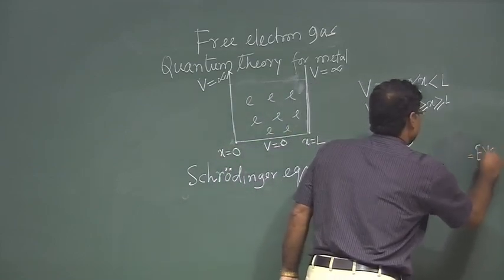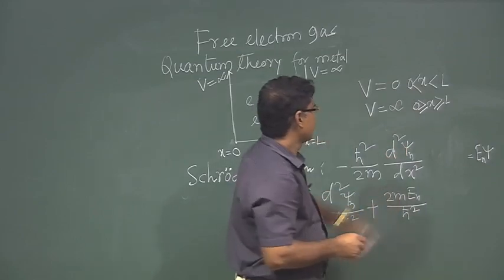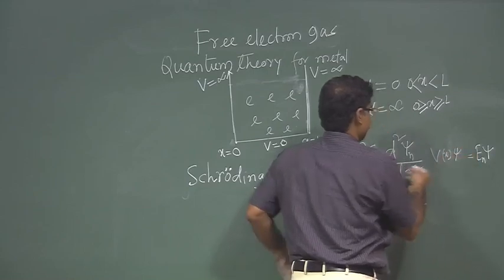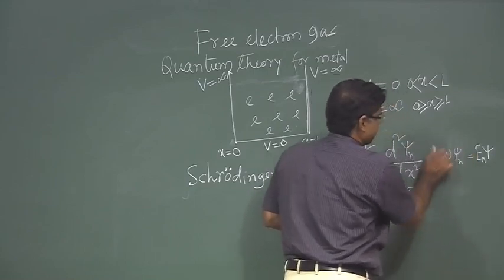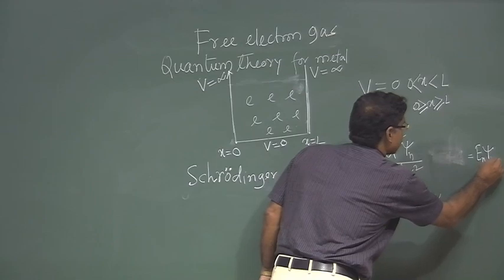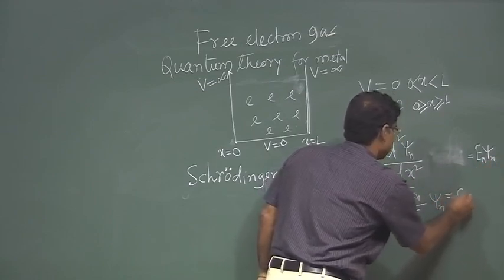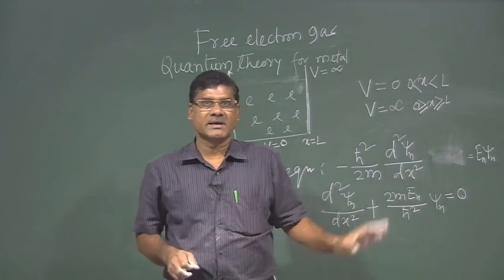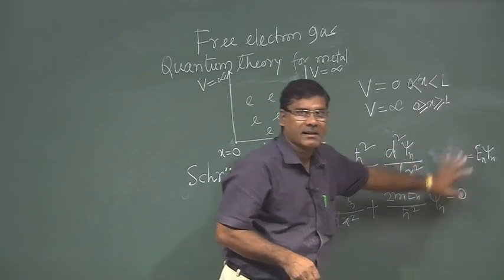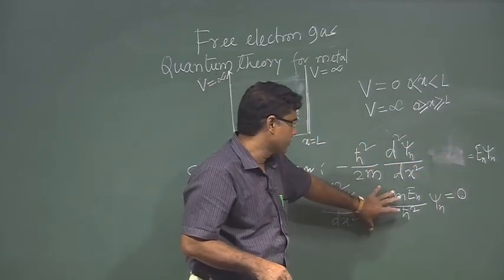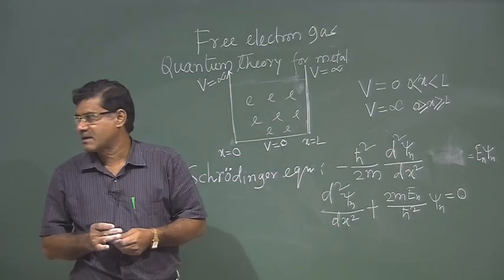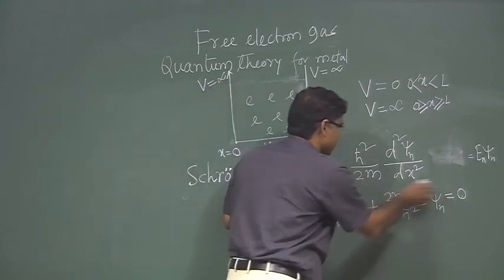Here also, because psi is there, whatever V x I wrote, here also we have to put psi. So this part is 0, and I can write this as psi n equal to 0. I have written the Schrodinger equation in general, then I have to adopt that equation for my system, and this is the equation.